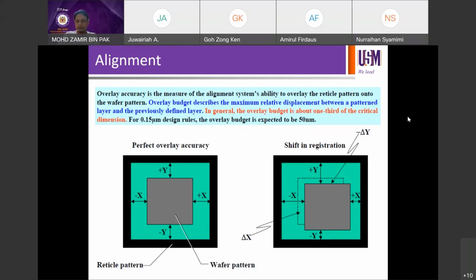Okay, alignment, because we discussed before, when you want to print the current layer on the previous layers, you need to make sure that the current layer is perfectly aligned to the previous layers. In this case, we stopped at this slide last time, where perfect overlay is demonstrated on the left.